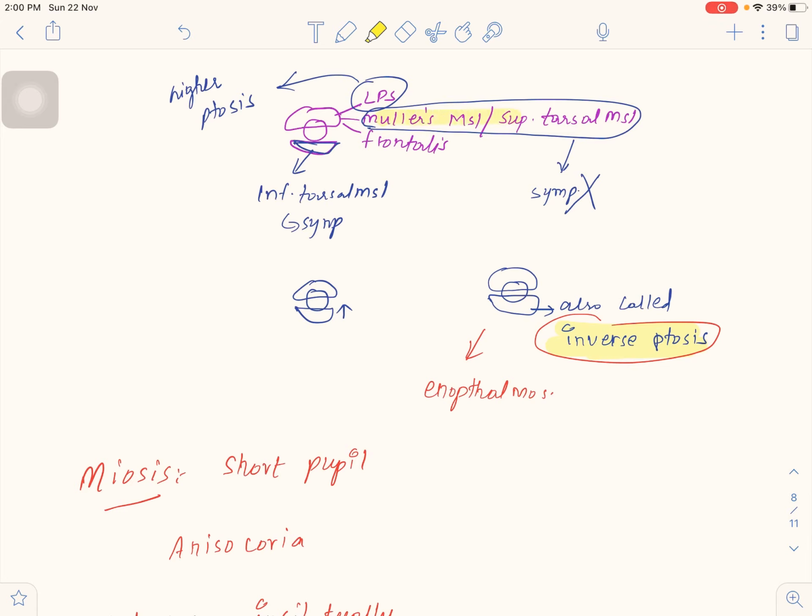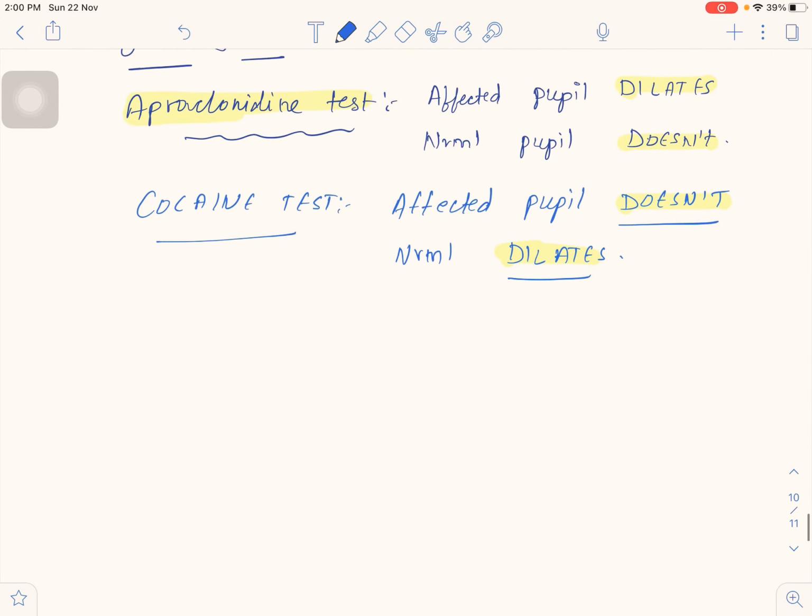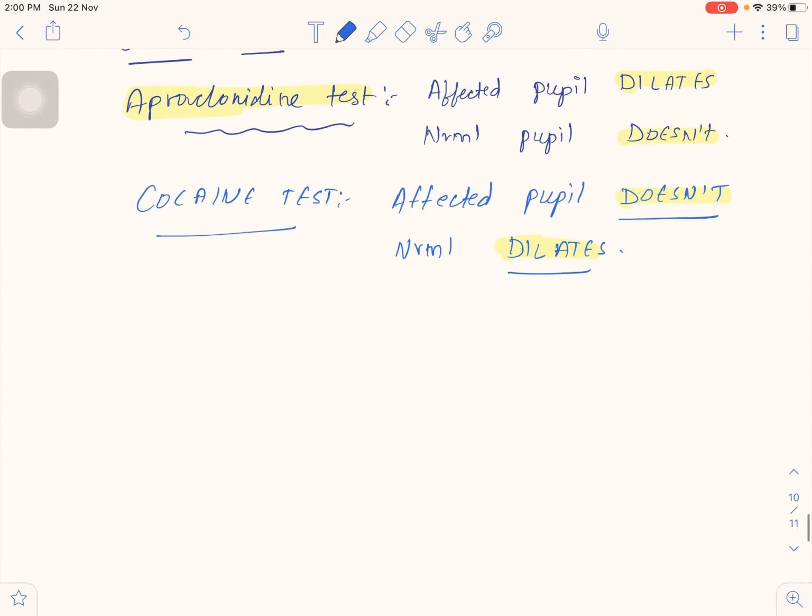Muller's muscle is affected, also called the superior tarsal muscle. Slight enophthalmos can be seen, also called pseudo enophthalmos. So this is all about Horner syndrome. Thank you.